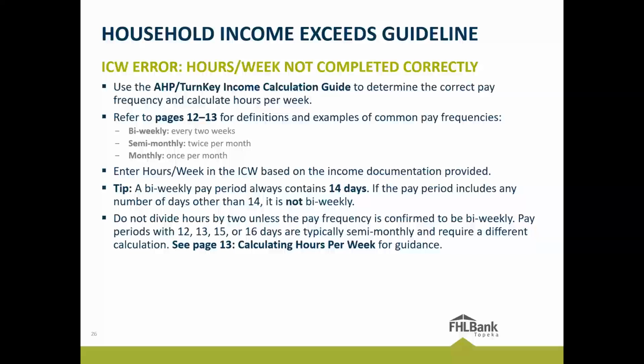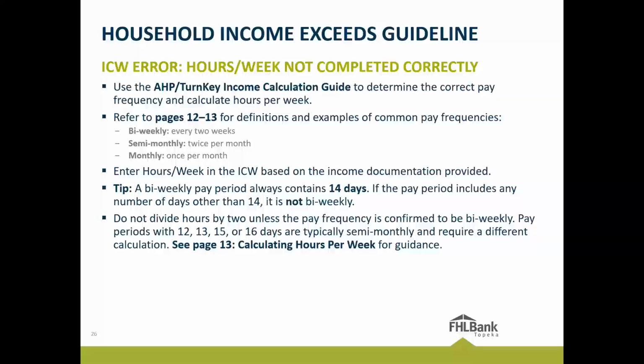So when entering the hours per week in the ICW, it shouldn't be just an automatic that you divide them by 2 and complete the ICW with that figure. If you see the number of days in the pay period is anything besides 14, such as 12, 13, 15, 16, whatever, it's typically semi-monthly, which requires a different calculation.